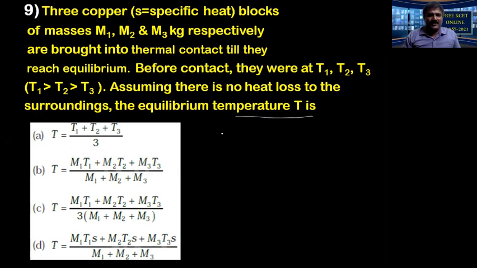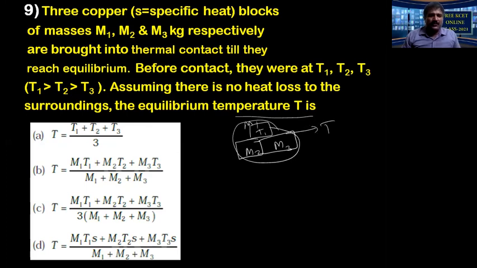So there are 3 blocks, of different masses M1, M2, M3. When they are brought in contact, their final temperature after equilibrium is attained is T.